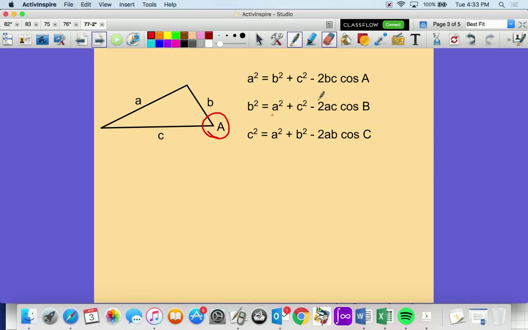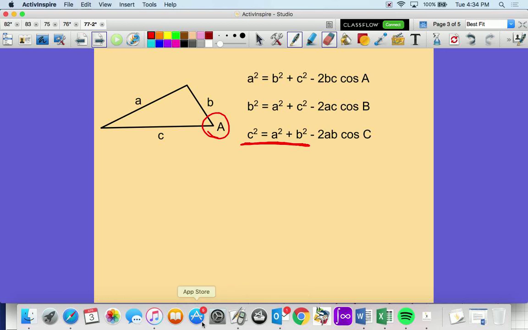If you just look at the first part, ignore what is after the minus sign, we have a squared equals b squared plus c squared. That looks very similar to Pythagorean theorem, or if you look down here, a squared plus b squared does equal c squared. After that, we would subtract out 2 times one side times the other side times cosine of the angle.